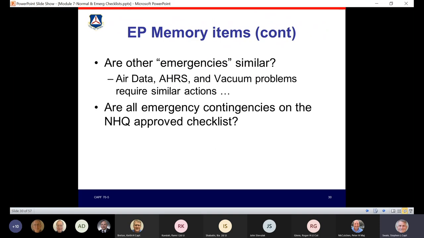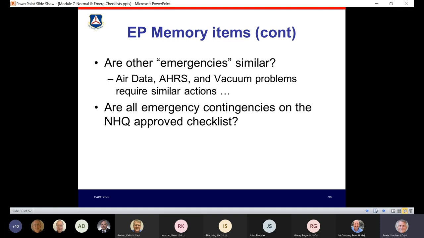Another example on emergency procedures is think about what procedures are similar, what situations are similar. Again, on the second page of the emergency procedures checklist, there are like 4 or 5 different emergencies that embrace the air data computer or the air data system, the AHARS, the vacuum system.